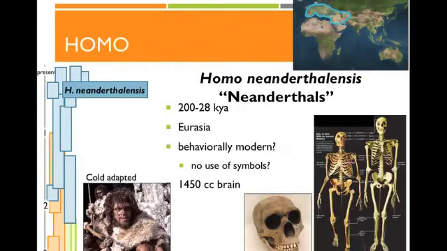Before we get to that, let's look at our last European species, Homo neanderthalensis, or the Neanderthals. This species emerges in Europe around 200,000 years ago, so around the same time that our species is evolving in Africa.